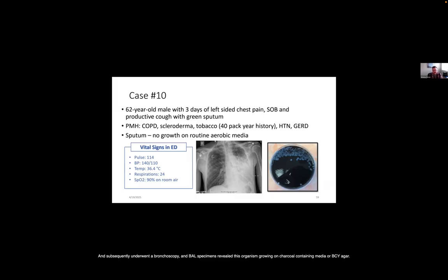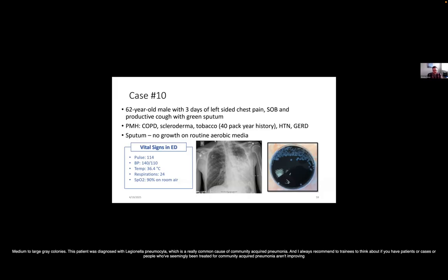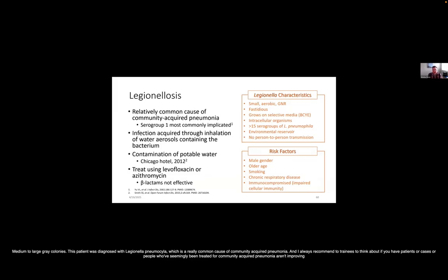bronchoscopy, and BAL specimens revealed this organism growing on charcoal-containing media, or BCYE agar, these medium to large gray colonies. This patient was diagnosed with Legionella pneumophila, which is a really common cause of community-acquired pneumonia.